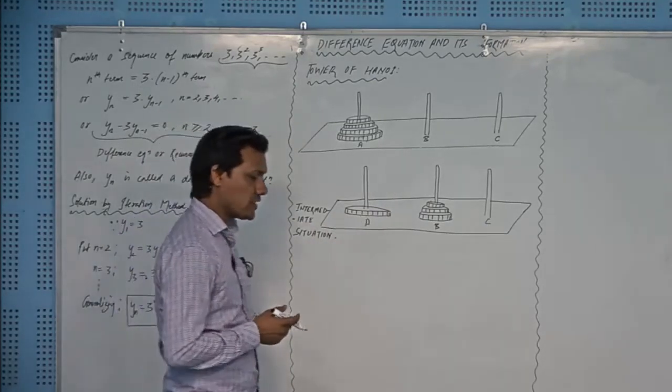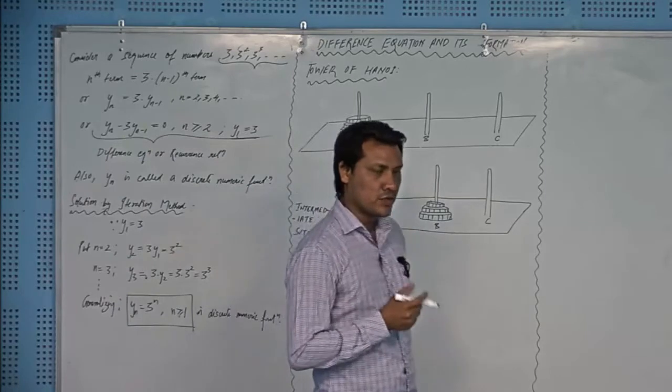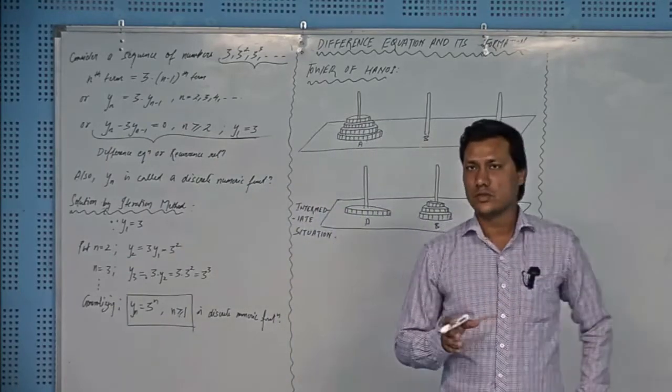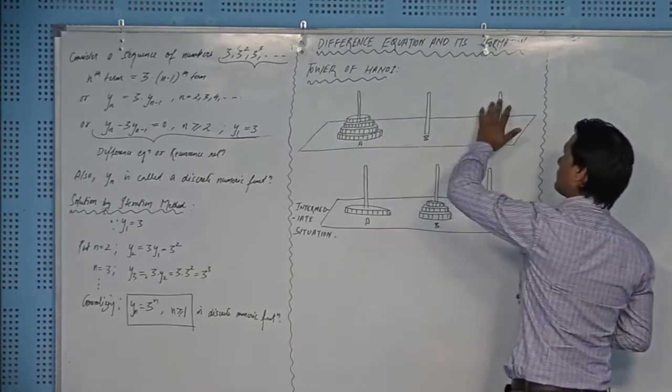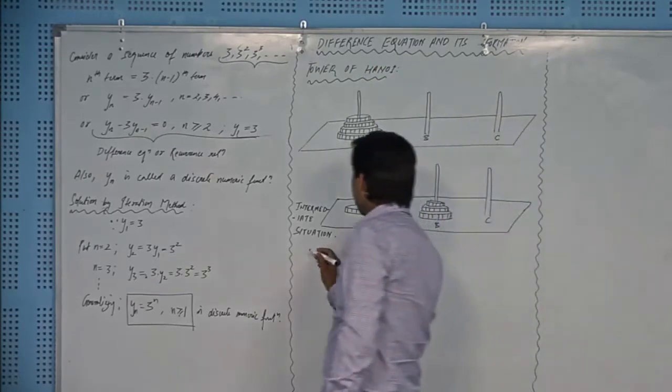I will assume that Tn denotes the number of moves which is a solution of this problem, right? I will write that here.